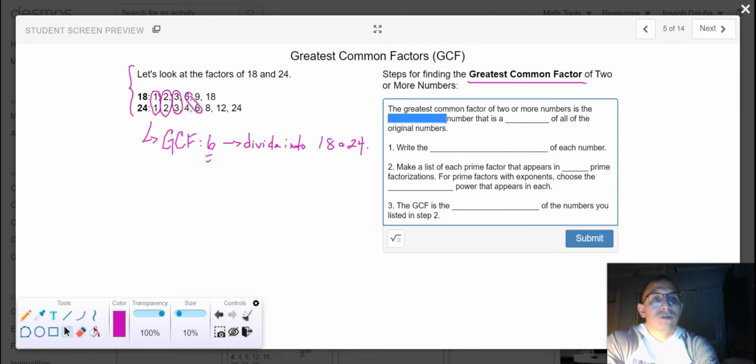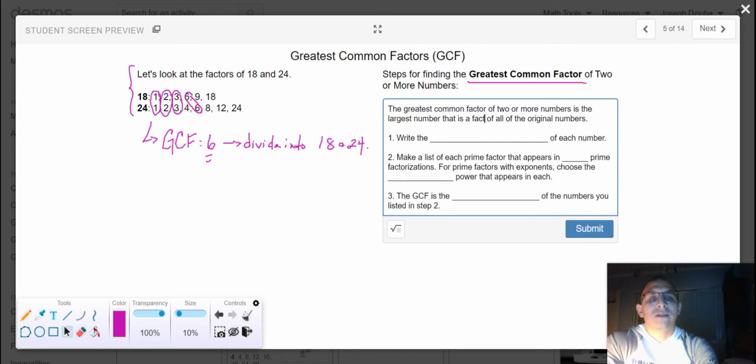So the greatest common factor of two or more numbers is the largest number that is a factor of all the original numbers. Our process would include writing the prime factorization of each number. We want to make a list of prime factors that appear in each prime factorization.